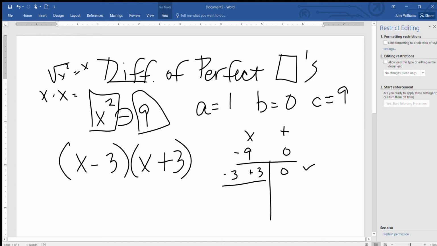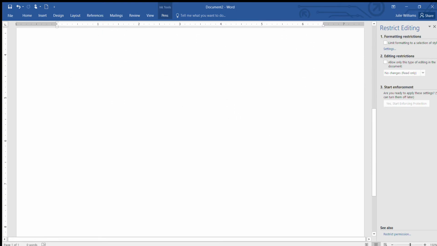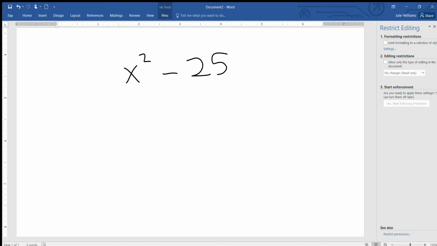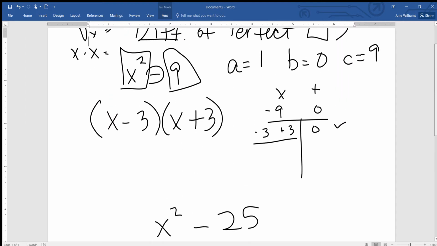So I want you to think about that. I'm going to scroll down a little bit and give you another one. Let's use x squared minus 25. Using the model that we just did, what do you think that's going to be?